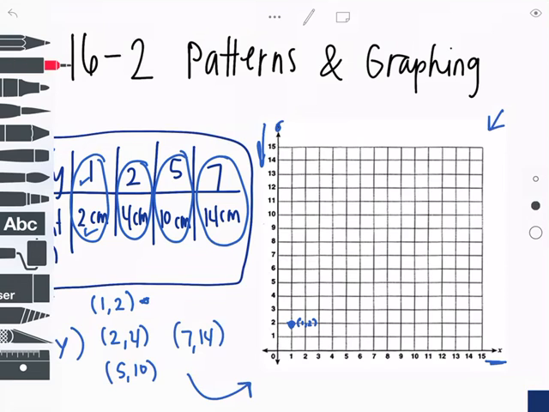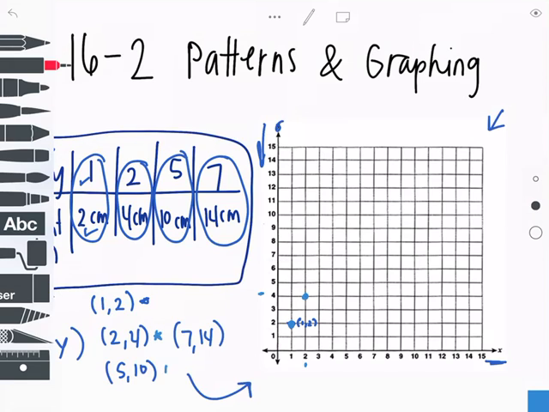Okay, so here we have our first point. Okay, let's do the second one. So the second one is x is 2, y is 4. So when x is 2, y is 4, and those points are going to meet here.